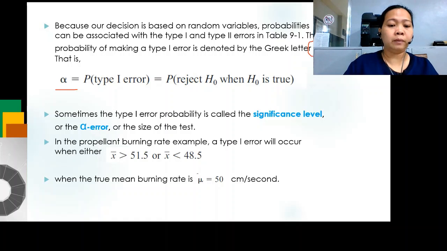So in the propellant burning rate example, a type 1 error occurs when either the sample mean is greater than 51.5 or the sample mean is less than 48.5, when the true mean burning rate is 50 centimeters per second.